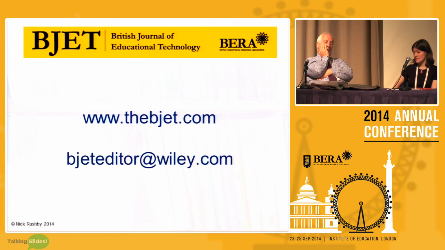We may also, in BJET, do an initial desk request for some revisions. That could be because you haven't put the paper in the right format. It could be that there are things missing. Remember the practitioner notes, ethical statement, and things like that.